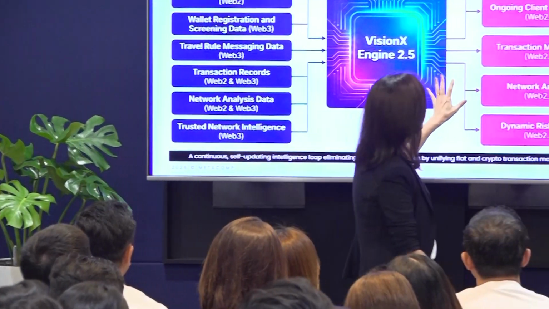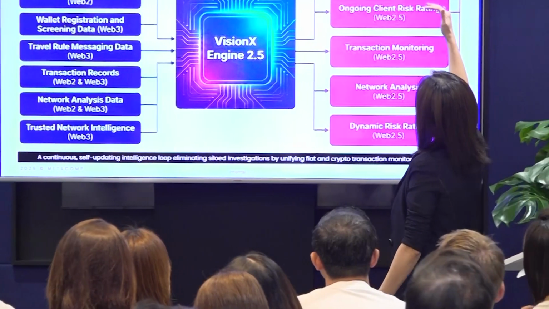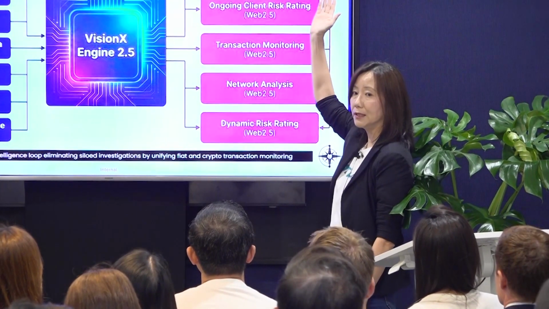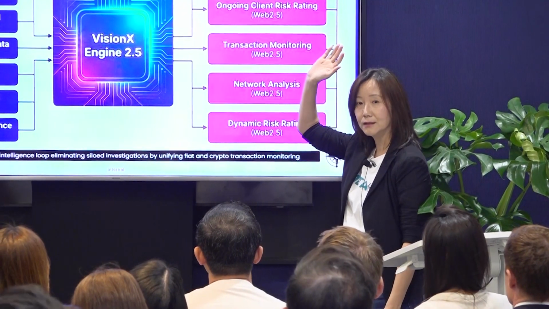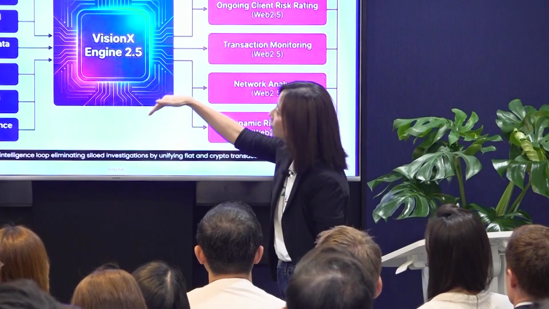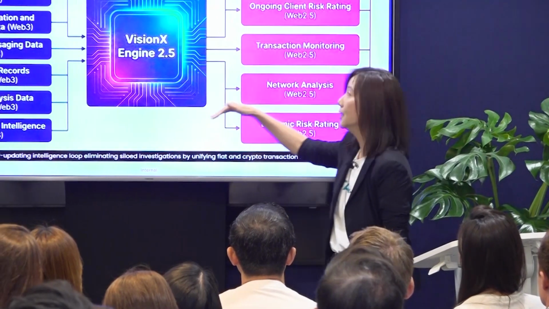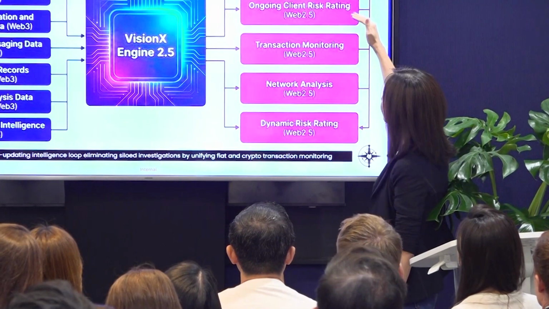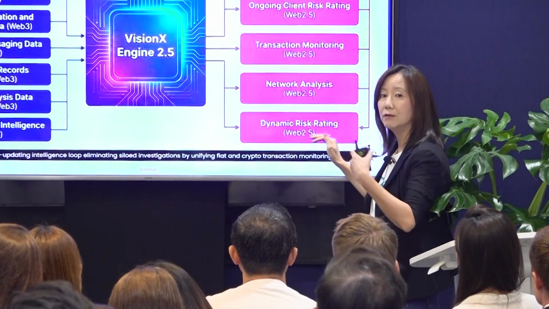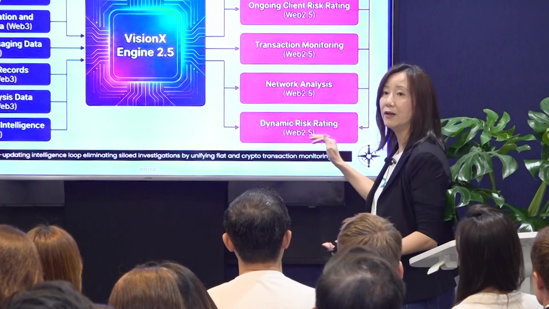And then at the initial stage, because we only have Web2 information, this is what we call a static CRR. Then with all these data sources contributed to the data layer, we can gradually leverage this information to achieve a dynamic risk rating, meaning the risk rating will be a Web 2.5 version.